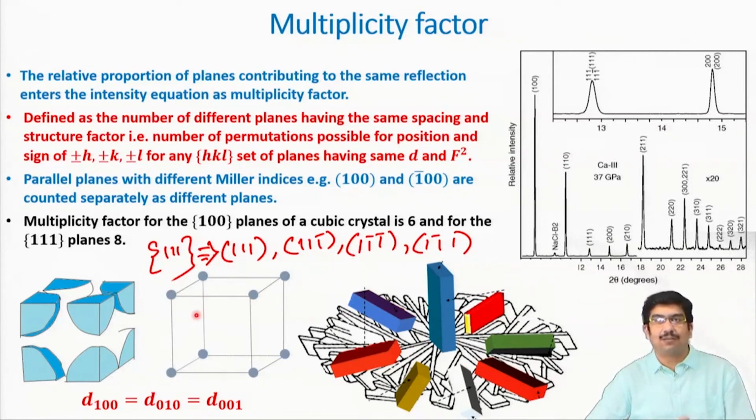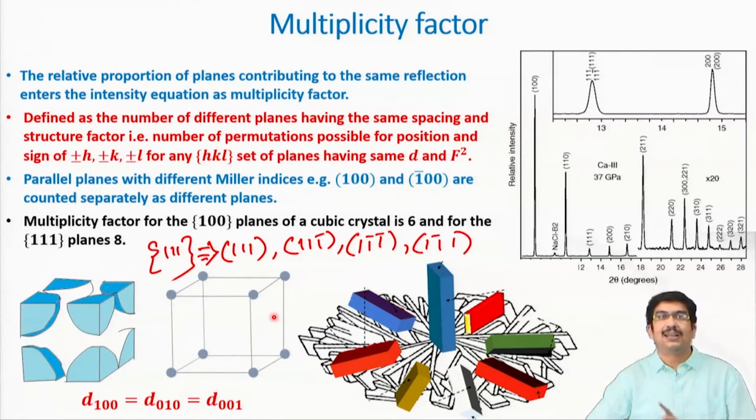When we calculate the multiplicity factor, remember that parallel planes with different Miller indices, like these two, are counted separately. If I consider these two as 100 type planes, I have to take 100 and bar 100. One of them will be the 100 plane and one will be bar 100, which is relative because you can shift the origin here. So these should be taken as two different planes.